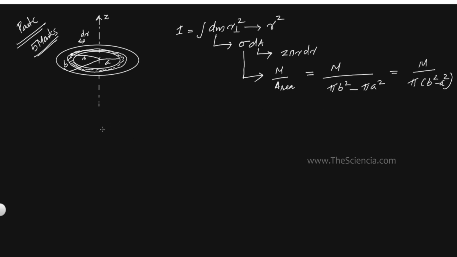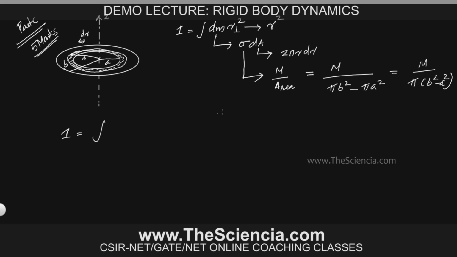Substitute all these values: I equals integral dm, where dm equals sigma dA, and sigma is M by pi (b square minus a square), into dA, that is 2 pi r dr, into r perpendicular square, which is r square.